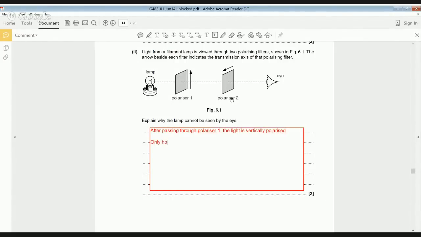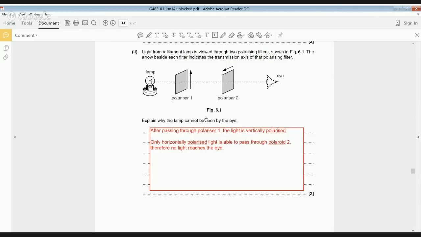Only horizontally polarized light is able to pass through Polaroid 2. Therefore, no light reaches the eye. The marks there, 1 mark for each line. Not too bad if you understand polarization. It's just a matter of being very clear in your answer there.